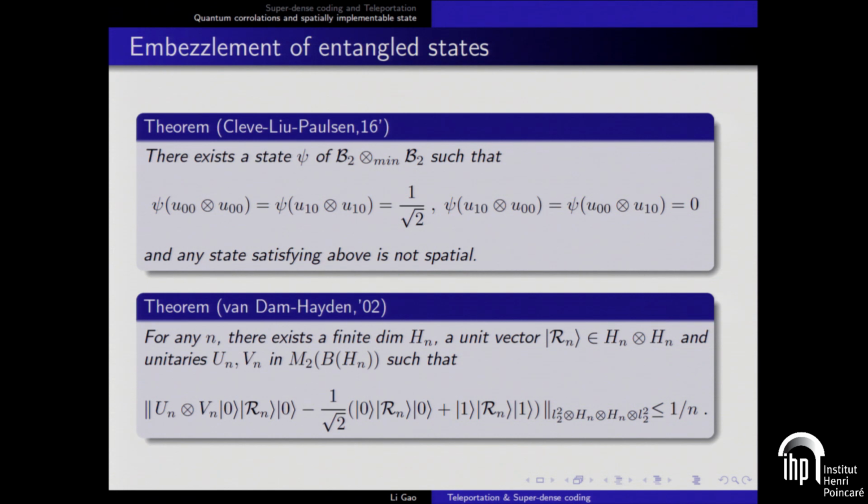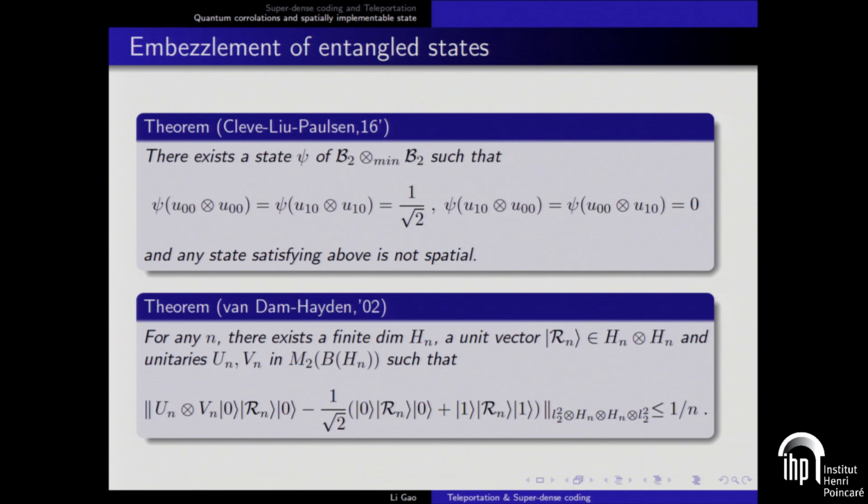So how is this result related? Basically, if you use this scenario and take weak-star limit points of these states, then you can approximate a state on the minimal tensor product of B_2 with itself.